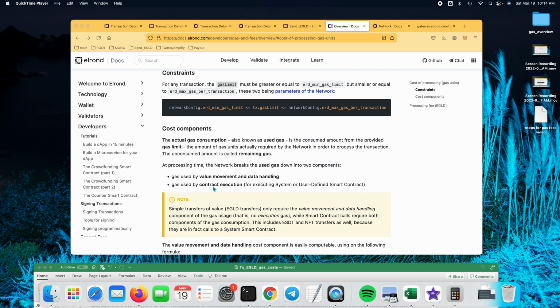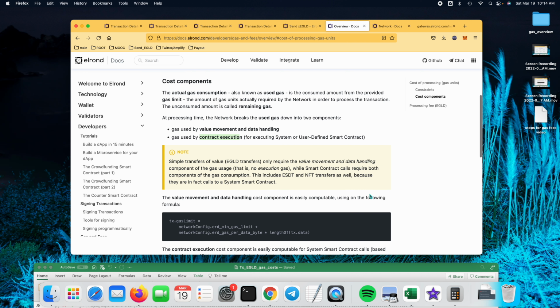In the transaction that we were just making here, we only had the components of value movement and data handling. And so for that type of transaction, it's easy to know how much gas you're going to need to use. The contract execution part of this requires running a simulation, and that's the only way to really know how much gas your transaction's going to use.